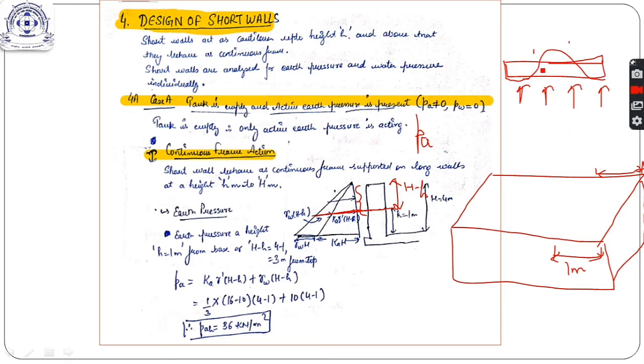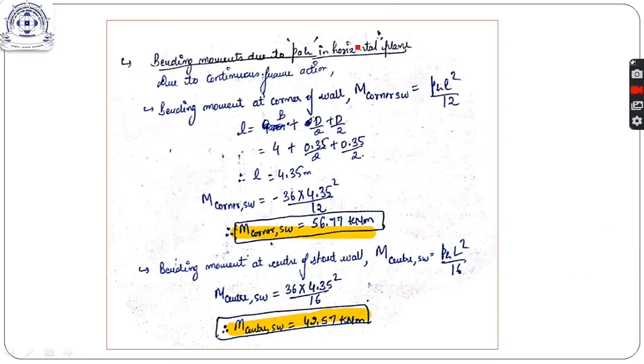So there will be horizontal bending due to this particular force, if this is the short wall and this is the load acting. This will be the continuous frame action, here positive moment and here negative moment. We have to calculate the positive and negative moments due to this active earth pressure acting from the outside of the wall, using the same procedure as previously.